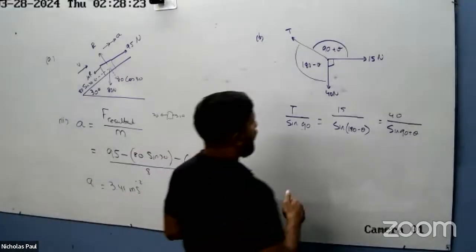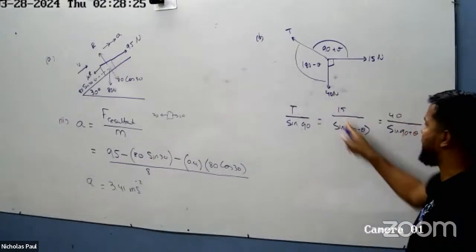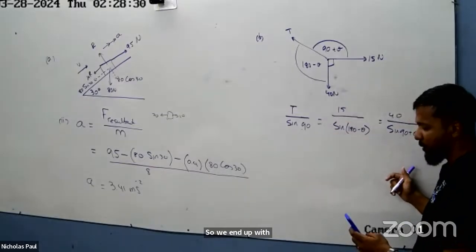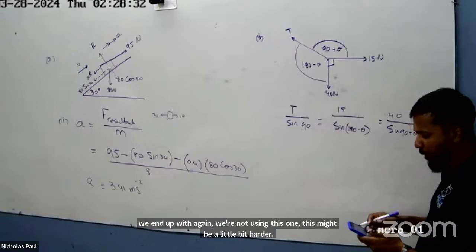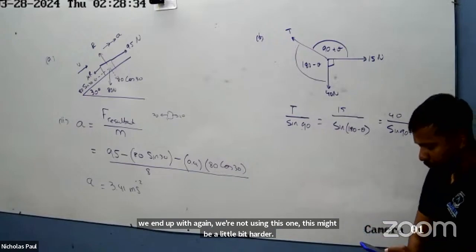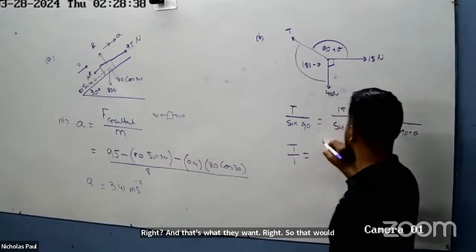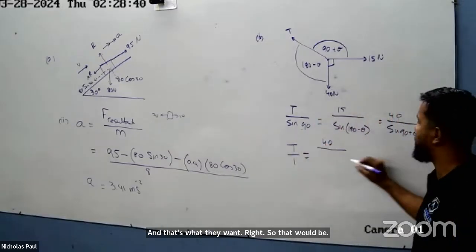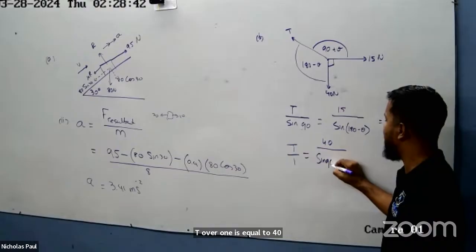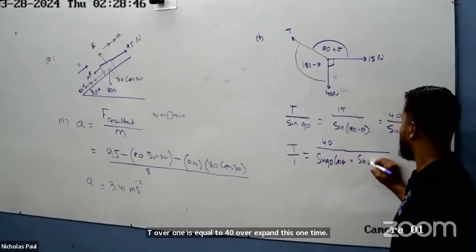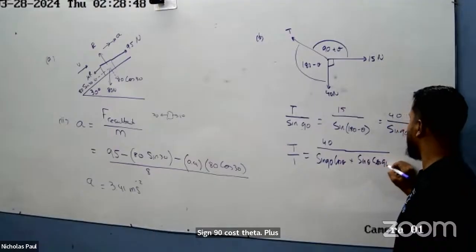So we end up with, we're not using this one, this might be a little bit harder. We're using these two to develop the relationship. So that would be T over 1 is equal to 40 over, expand this one out. So that'll be sine 90 cos theta plus sine theta cos 90.